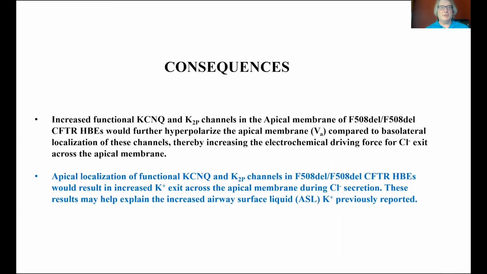In addition, the apical localization of functional KCNQ and K2P channels would be anticipated to result in increased potassium exit across this apical membrane during chloride secretion. These results, in fact, could help explain the increased airway surface liquid potassium that has been previously reported by some labs.